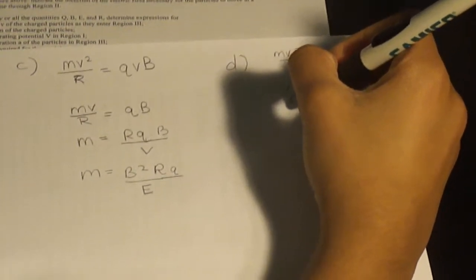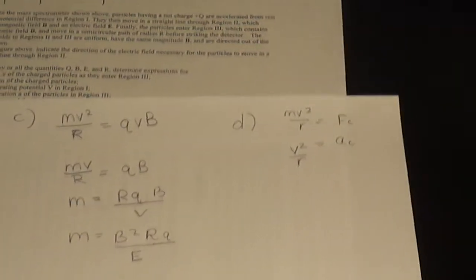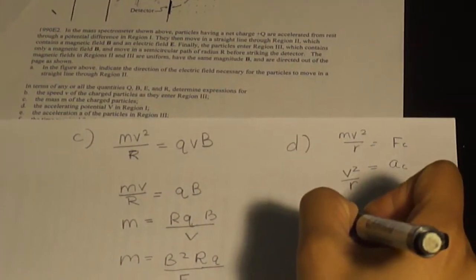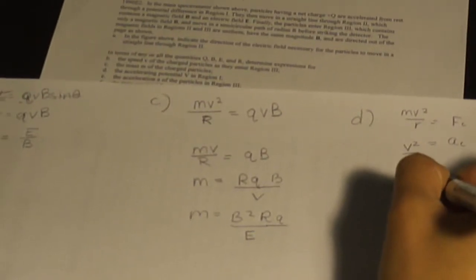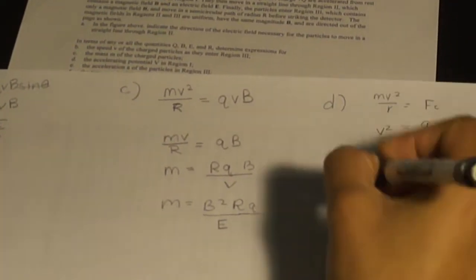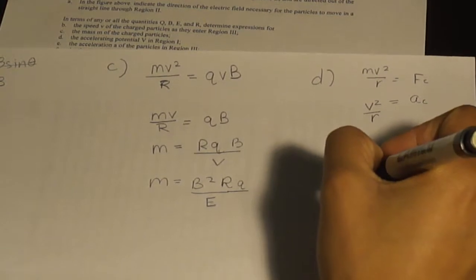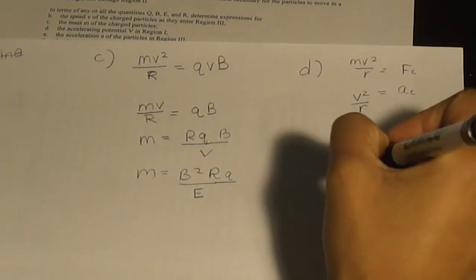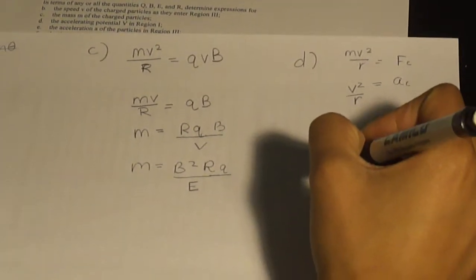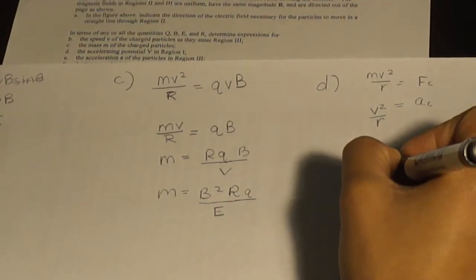So the acceleration is equal to v squared over R, and then the potential V in region 1 is going to be equal to ER over 2.